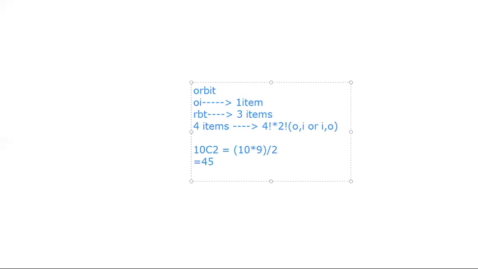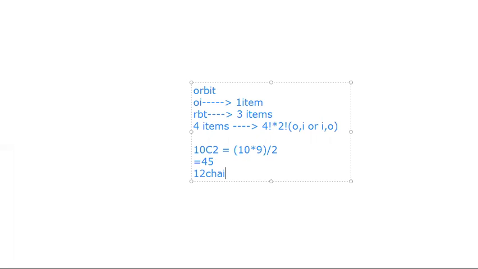So the next question is nothing but, let us say you have totally 12 chairs placed next to each other.